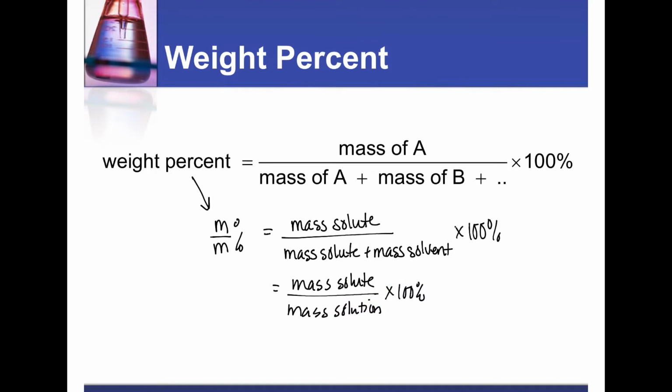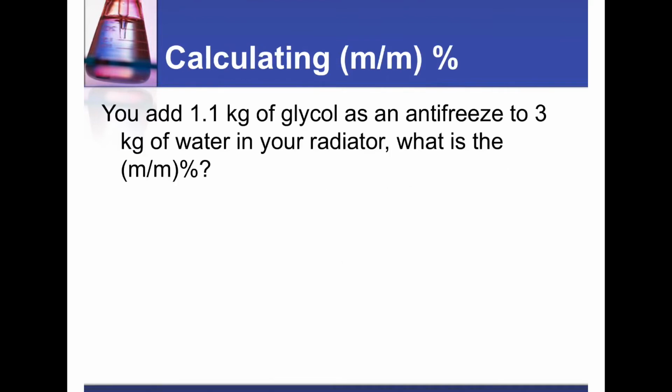So let's get a little bit of practice. In this problem, it says that we have 1.1 kilograms of glycol as an antifreeze added to 3 kilograms of water. What is the mass percent? And again, for mass percent, I'm going to use an equation to get me started.